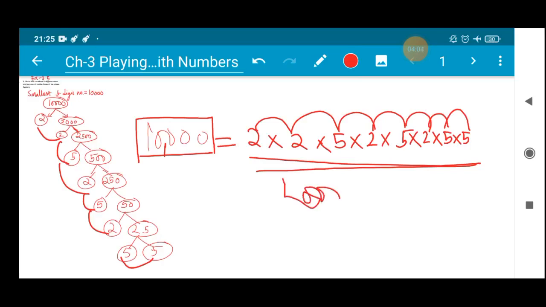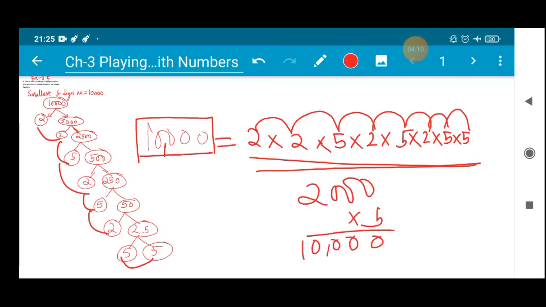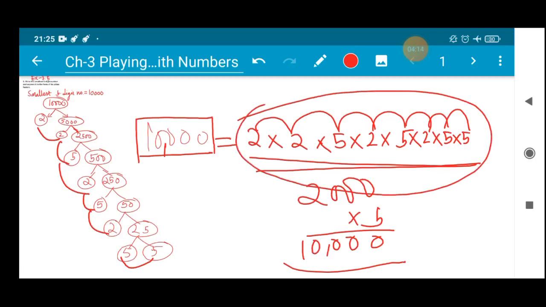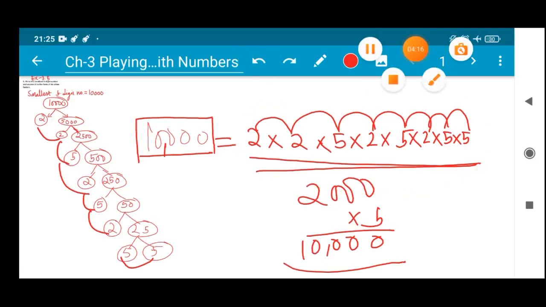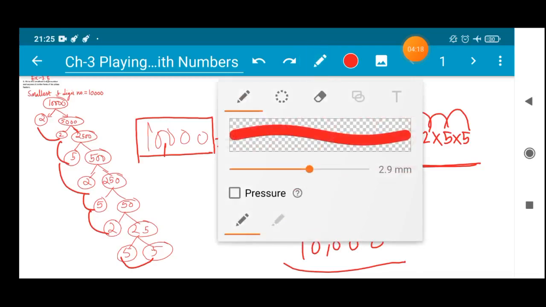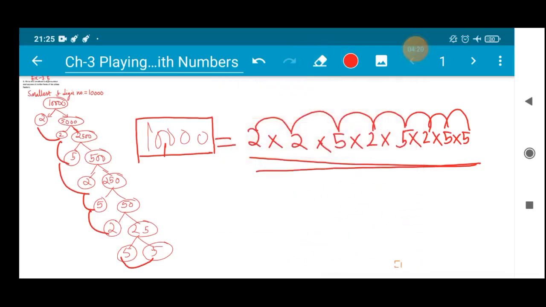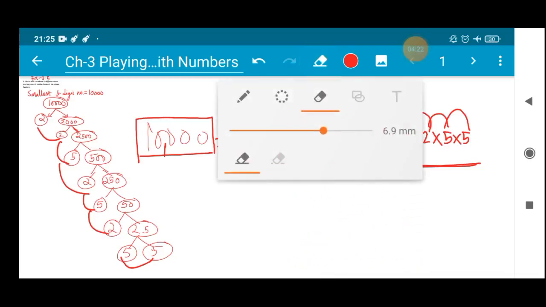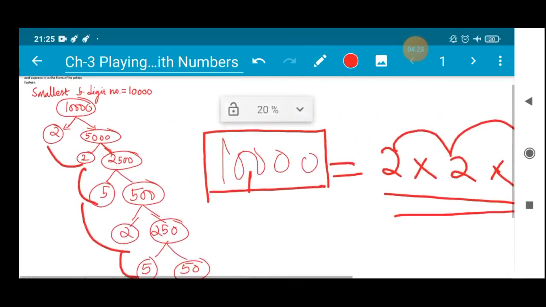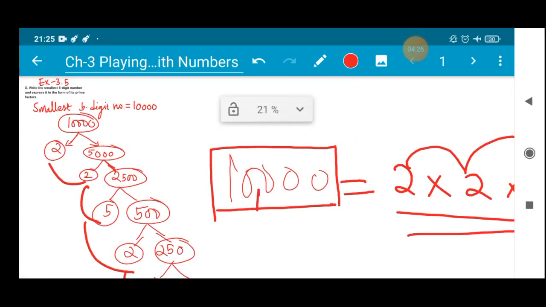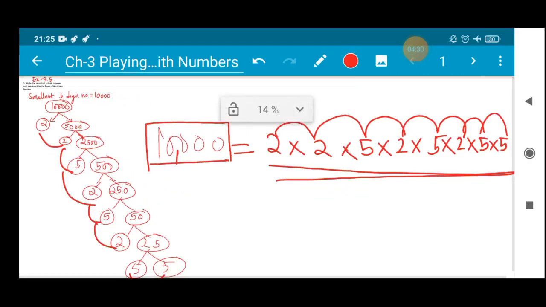So you are getting the 5-digit number overall. This is now converted into its prime factors. So this is the way of doing it. I hope you have understood. Now let's proceed to the next sum.